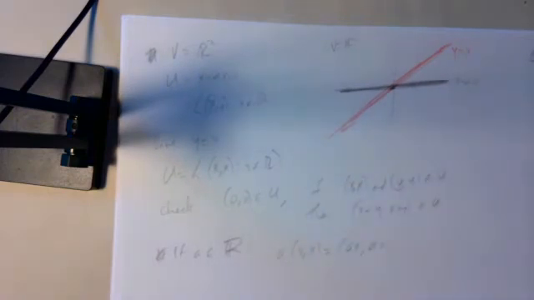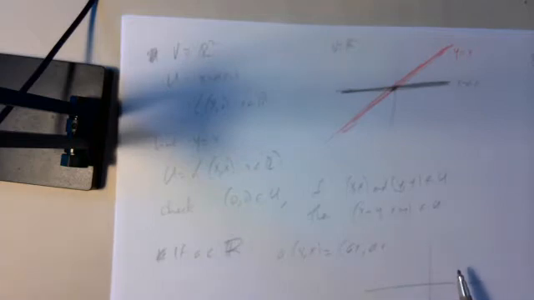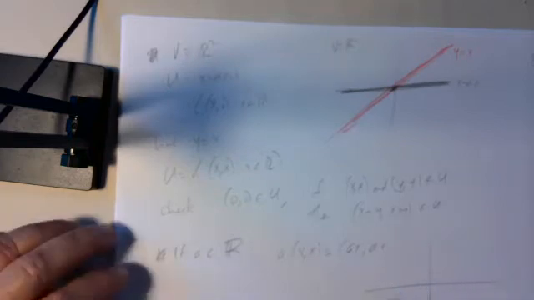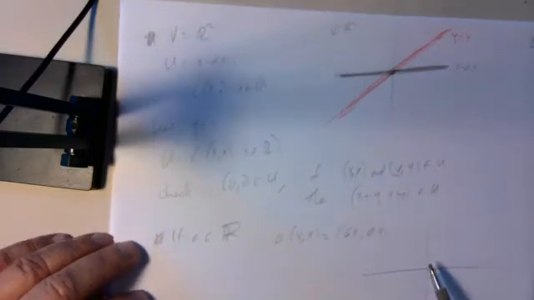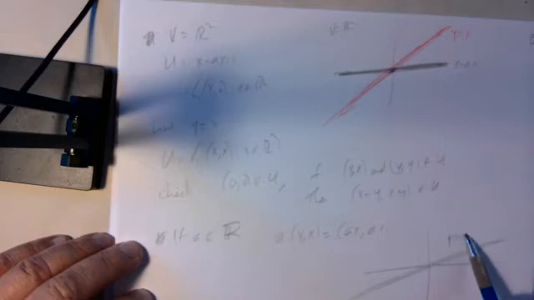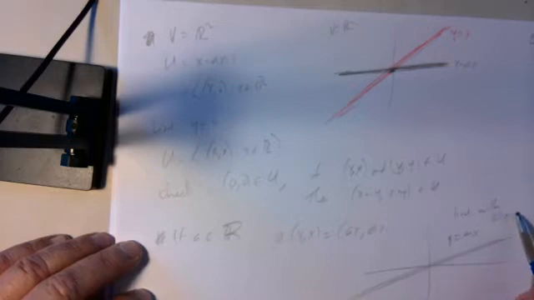And in fact, you don't have to take the line y equals x. You can take any line, but it has to go through the origin because 0, 0 has to be in the subspace. So if you take the line y equals mx, this is just a line with slope m.